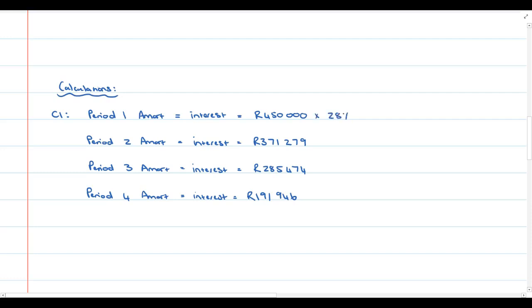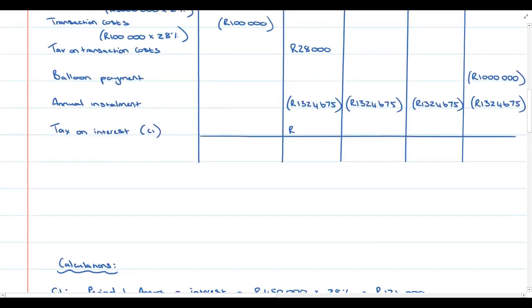So we just need to multiply all of these by 28%, calculate what that tax saving is, and then include it in our calculation above. We can then calculate the total cash flows.